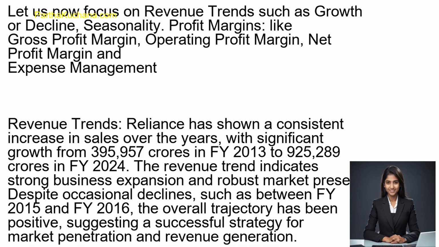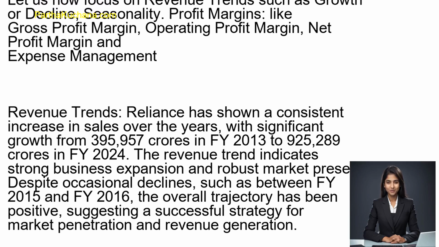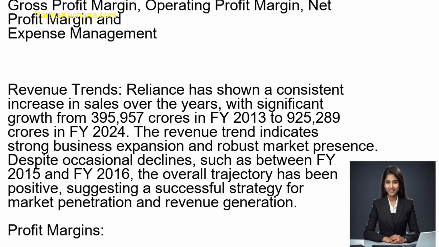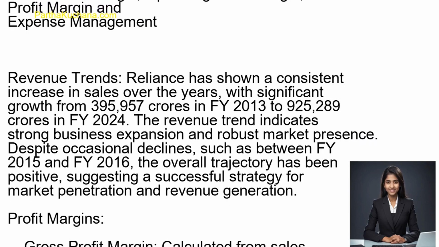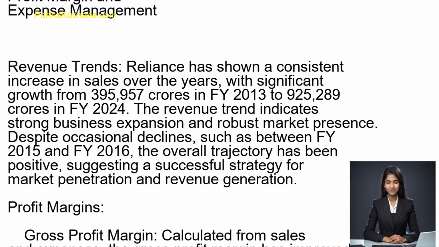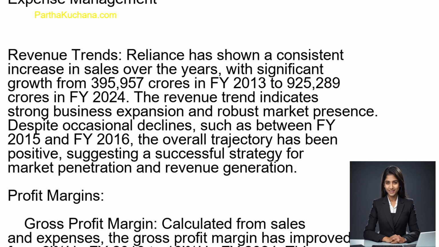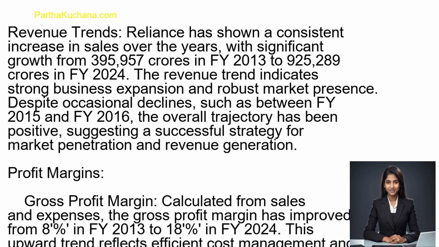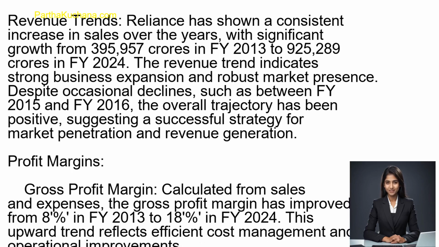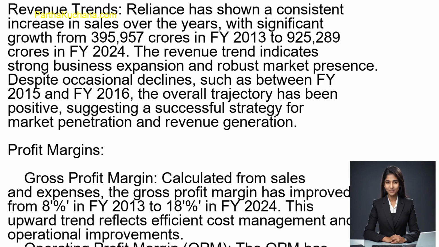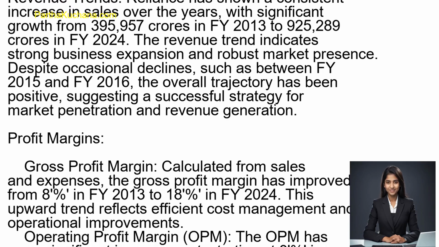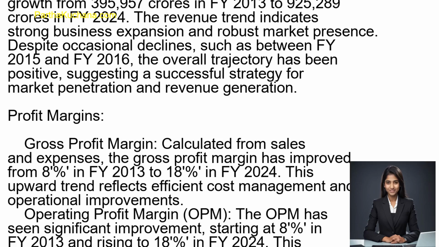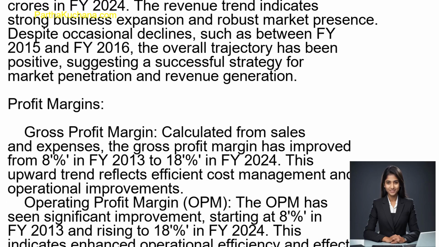Profit margins. Gross profit margin, calculated from sales and expenses, has improved from 8% in FY 2013 to 18% in FY 2024. This upward trend reflects efficient cost management and operational improvements. Operating profit margin, OPM. The OPM has seen significant improvement, starting at 8% in FY 2013 and rising to 18% in FY 2024.